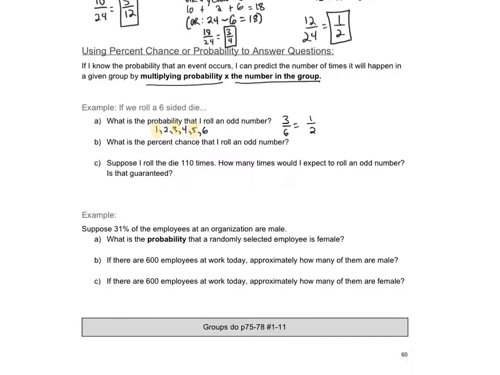If we want to write that as a fraction, that's fine. If we want to write that as a decimal, that's also fine. This is the probability. What is the percent chance that I roll an odd number would simply mean take that and convert it to a percent by multiplying by 100, just like we've been doing.